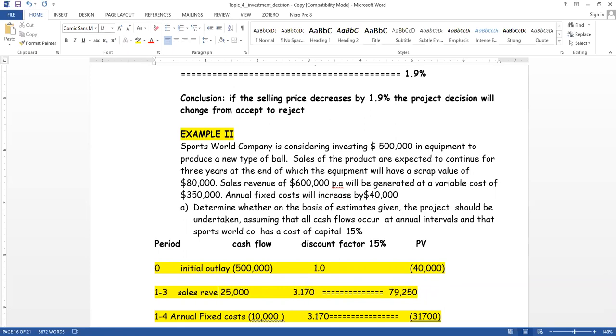Sales revenue is 600,000 per annum. Okay. And it is an inflow, then this initial outlay is an outflow. Of course, the discount factor will change. Here it is no longer 3.17, but you need to go to your tables and look for the 3-year annuity factor at 15%.